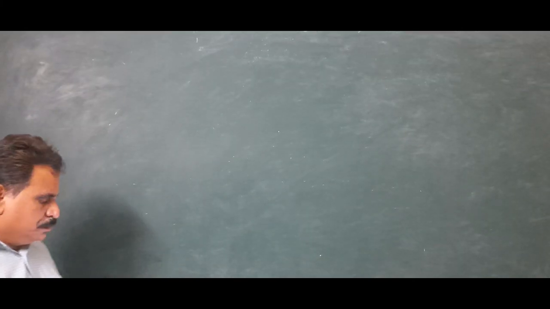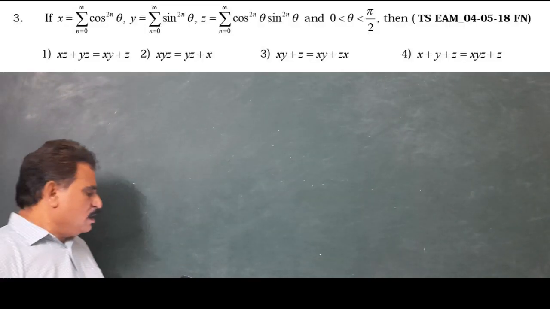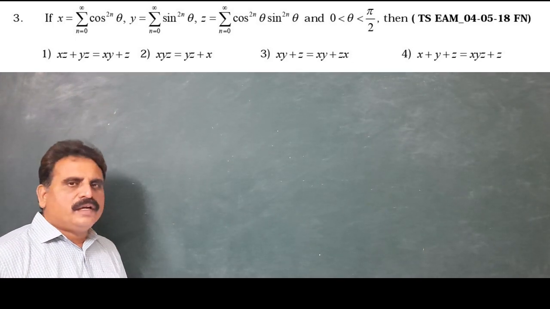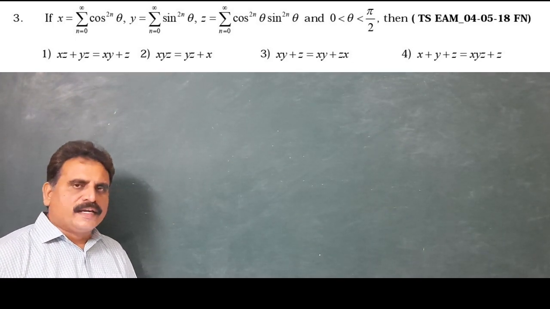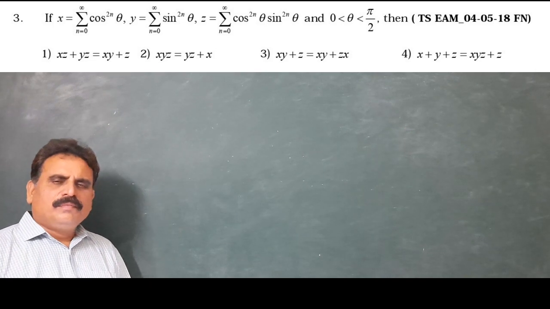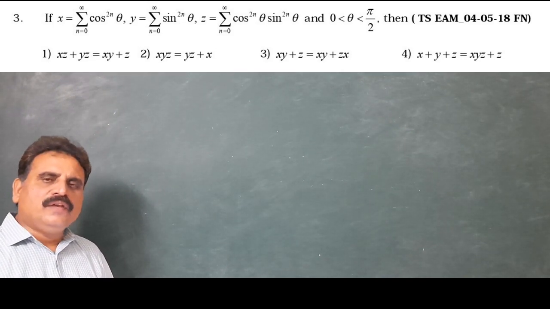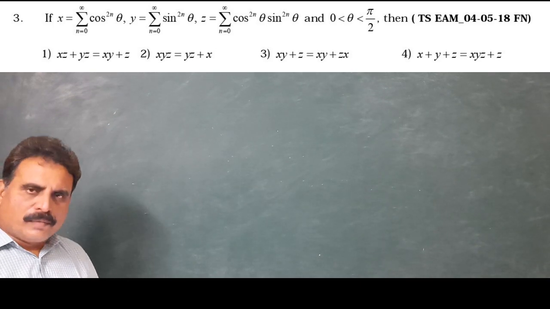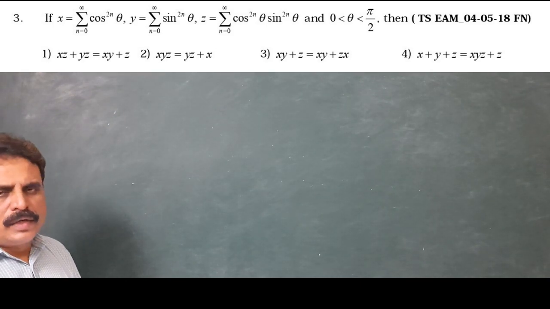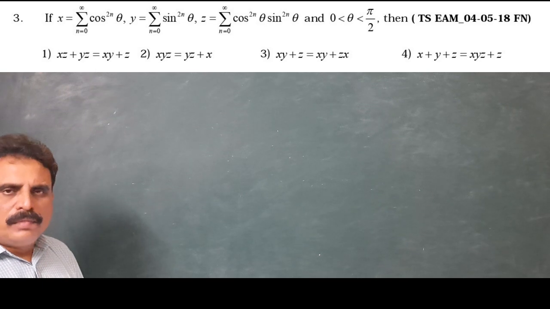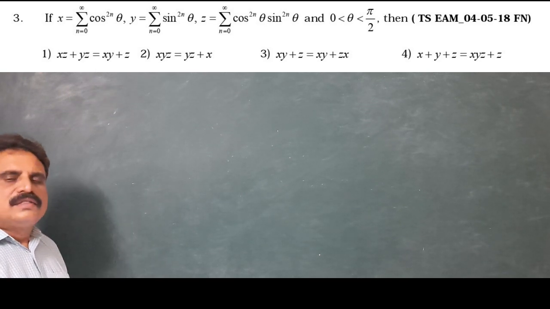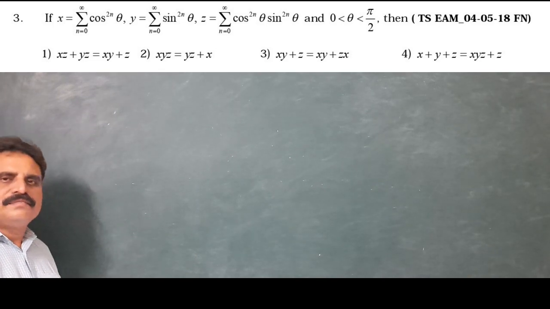Question number 3. X equals sigma n equal to 0 to infinity cos power 2n theta. If you expand that, 1 plus cos square theta plus cos power 4 theta and so on, an infinite GP, a by 1 minus r. So x equals 1 by (1 minus cos square theta), that is 1 by sin square theta. So sin square theta equals 1 by x.